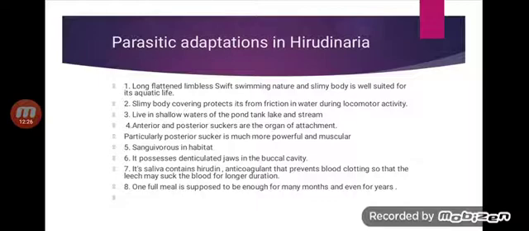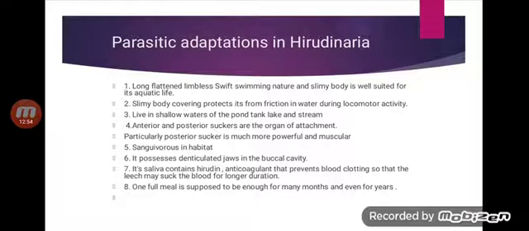It has a long, flattened, limbless, swift swimming and slimy body well suited for its aquatic life. The slimy body covering protects it from friction in water during locomotory activity and also facilitates respiration through the skin.